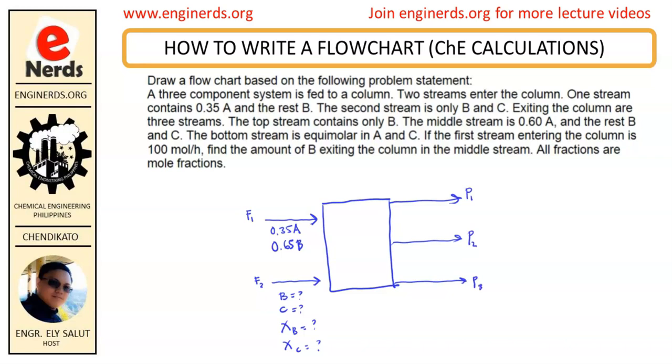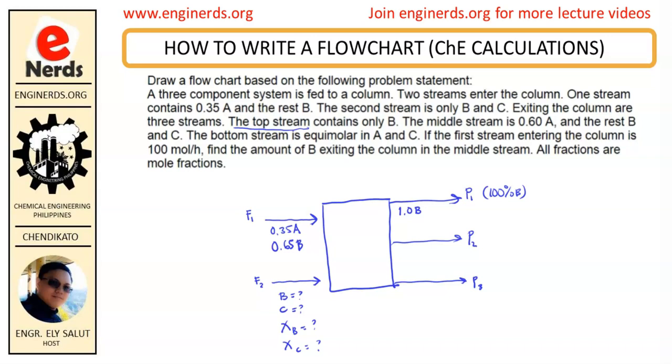And then it says that the top stream, in our case this is P1, contains only B. So in here, meron tayong 100% B. So converting that into a mole fraction, katulad ng sinabi ko kanina, 100% is 1. So we have here 1.0 B. So wala siyang ibang kasamang component sa stream natin ng P1.